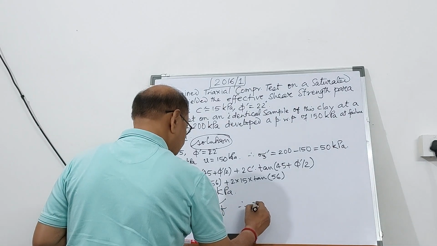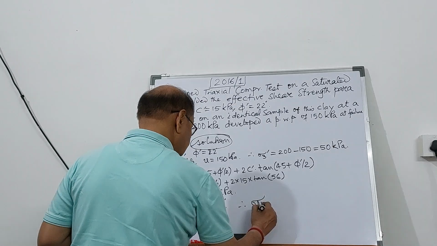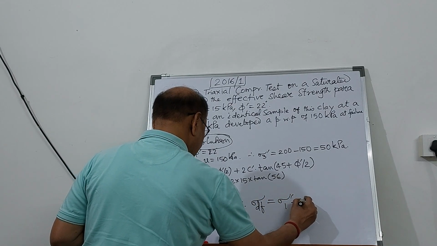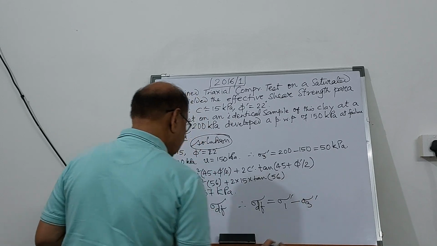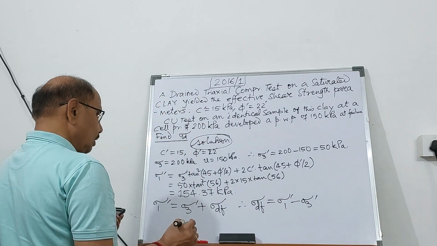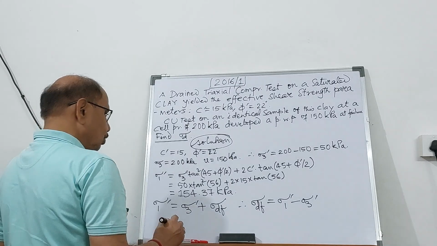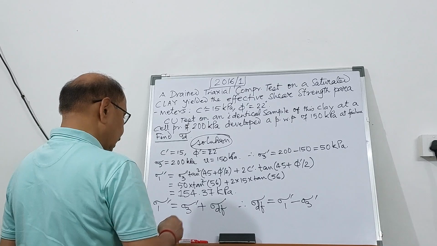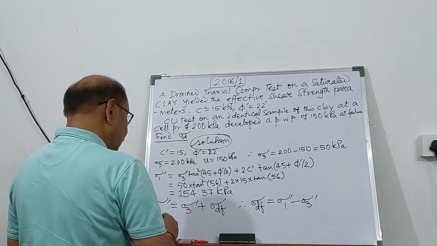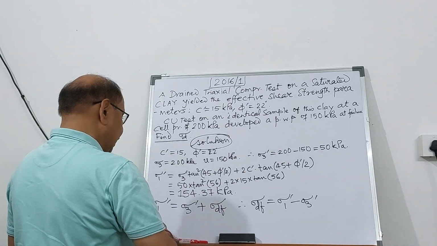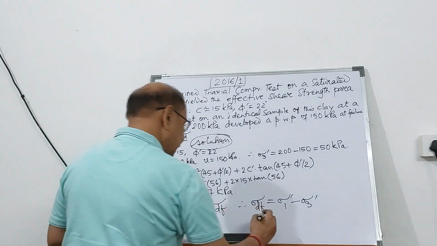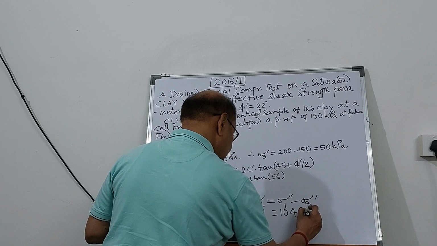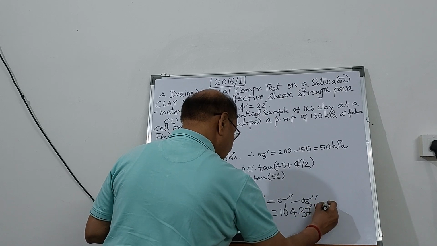Therefore, sigma df equal to sigma 1 prime minus sigma 3 prime. So, the values are known to us, and therefore I will be able to calculate 154 minus 50, which becomes 104.37 kilopascal.